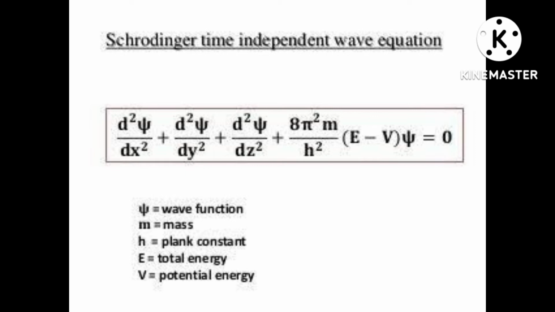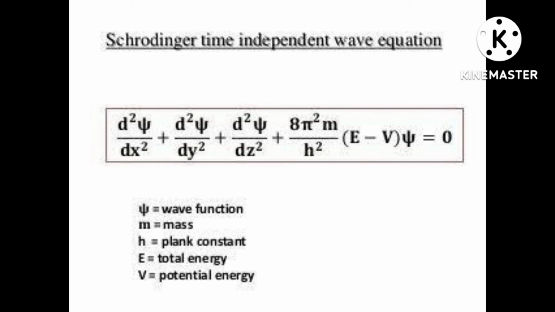When solved, the solution gives the possible energy levels, just like orbits, energy levels the electron can occupy, and the corresponding wave function, psi. Correct? After the solution, it will give the value of energy, and it will give the value of wave function. Psi is called wave function. Correct? Don't forget.